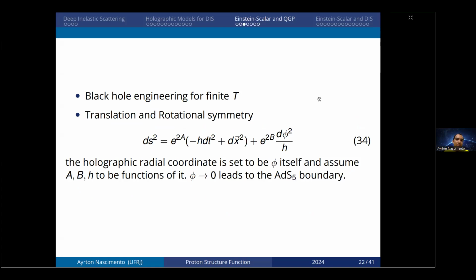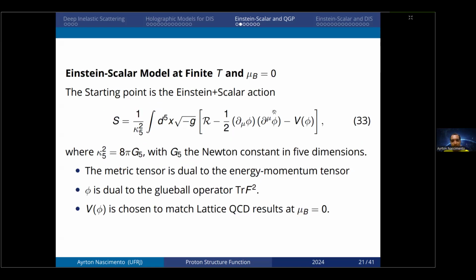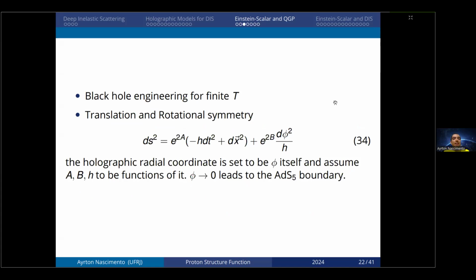So, going back here to this Einstein-Dirac model, to describe it at finite temperature, people do that with black hole engineering, which is really nice for finite temperature in holography. I'm not going into details right now, but you can show that a gauge theory at finite temperature is related to a black hole.